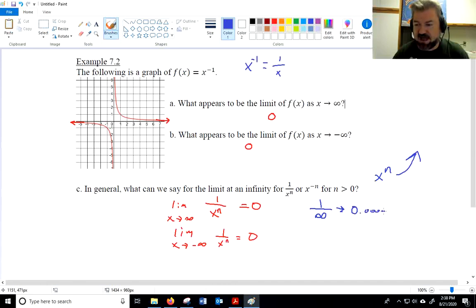It won't ever actually be exactly 0, but it's going towards 0. Every time that denominator of x gets bigger, those pieces get smaller and smaller. And making it 1 over x squared is just going to make it go to 0 that much faster. So I hope we can agree on that.